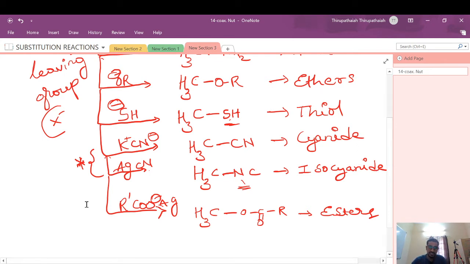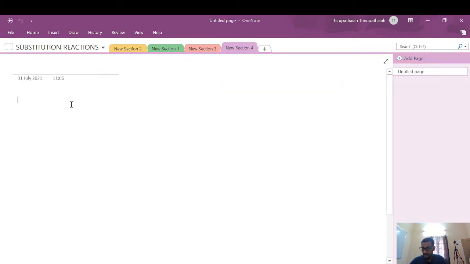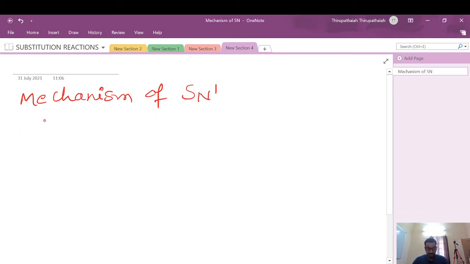Now we will see why it is called substitution nucleophilic unimolecular. In order to understand that, first understand the mechanism of SN1 reactions. It takes place in two steps.